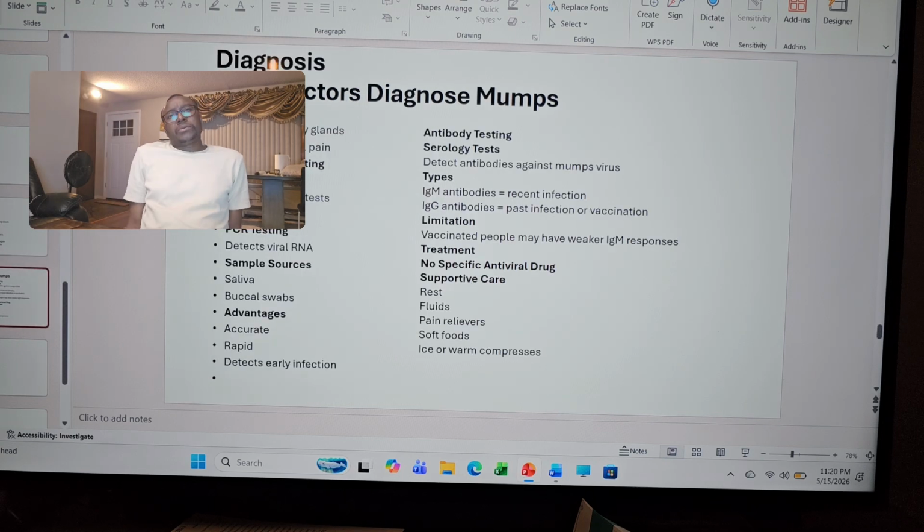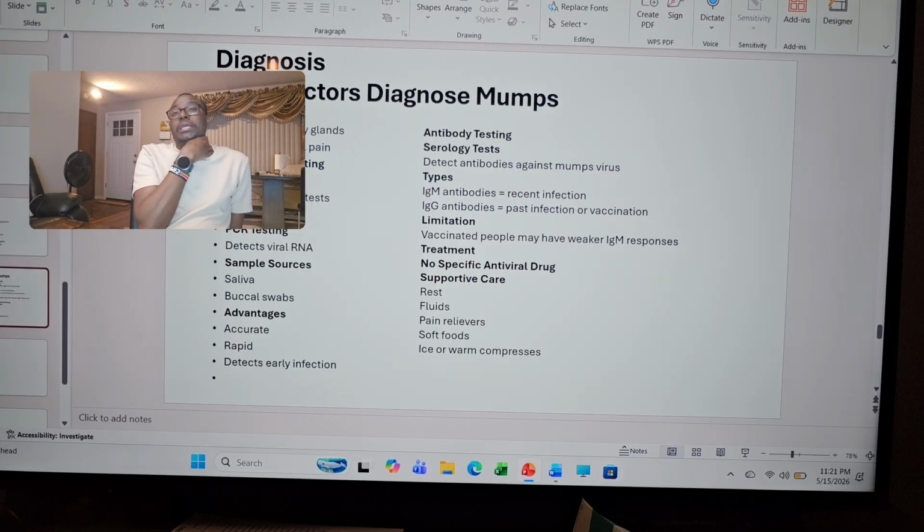Diagnosis: how do doctors diagnose someone with mumps, or how do they tell that this person has mumps? Clinical signs: swollen salivary glands, and that does not mean that if someone has a swollen salivary gland, this person has mumps. No. Fever, facial pain.